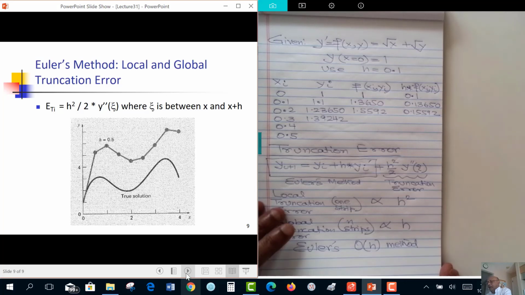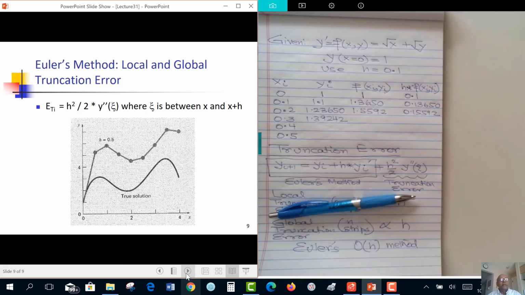Okay. So just as an example, here is our approximate solution to some problem as h is equal to 0.5, and here is our true solution. So you can see initially the error may be very, very small, but then it starts growing larger. But it can have any behavior depending on our differential equation.